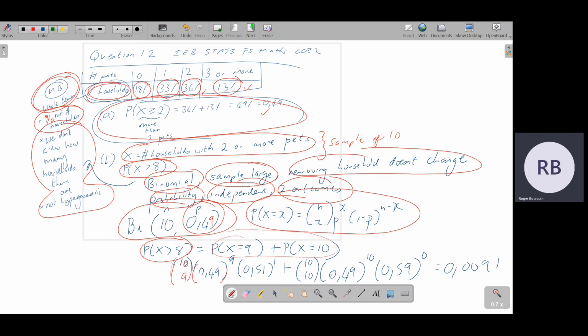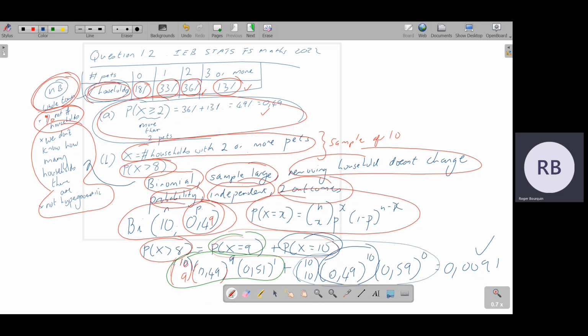So the probability of 9 households is 10 choose 9, times 0.49 to the 9, times 0.51 to the 1. And the other option is X equal to 10, 10 choose 10. One thing to save a bit of time: 10C10 or 10C0 is always 1, and anything to the power of 0 is 1. So in your calculator you have to put in 0.49 to the 10, and you get an answer of 0.0091.